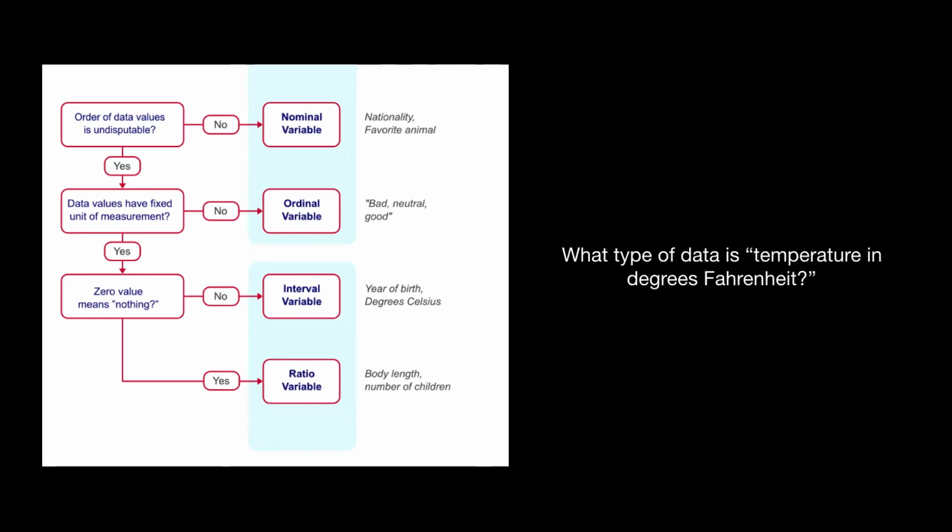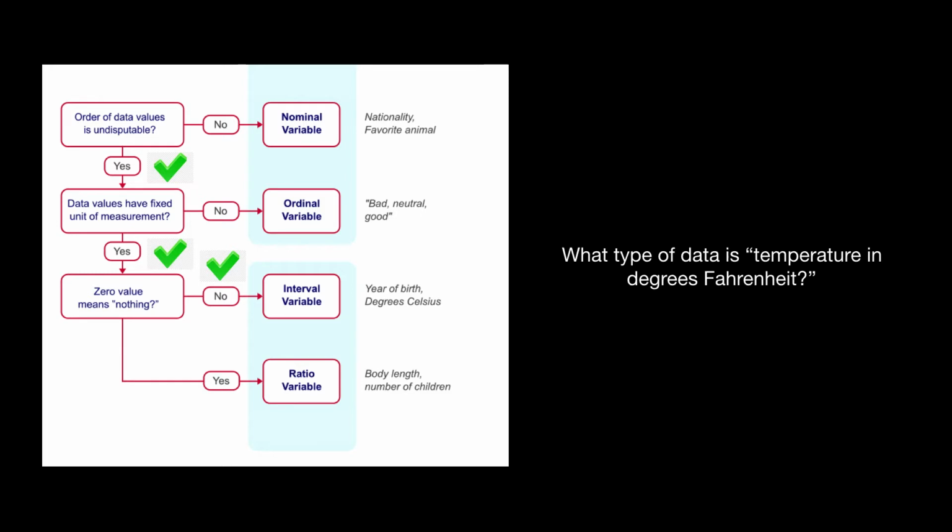What type of data is temperature in degrees Fahrenheit? Well, let's go through the flowchart starting at the upper left. The order of the data values is indisputable, so you know the meaning of 1 degree Fahrenheit, 2 degrees Fahrenheit, 3 degrees Fahrenheit, and so on. The data values have a fixed unit of measurement, degrees, yes.